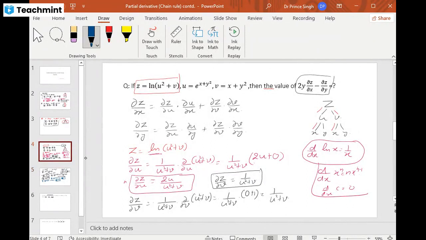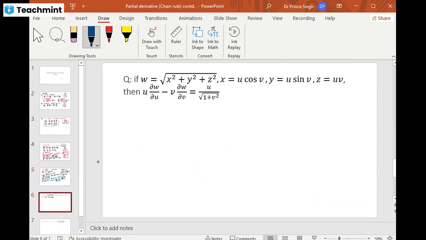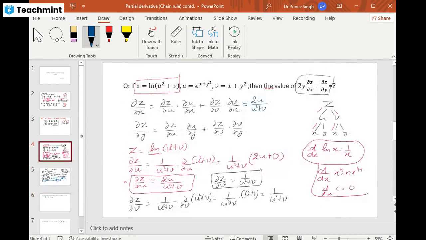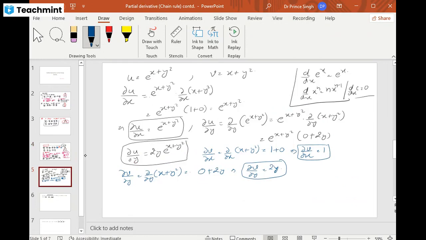So according to the chain rule, what is the value of ∂z/∂x? ∂z/∂u is 2u/(u²+v) times ∂u/∂x, which is e^(x+y²), plus ∂z/∂v. ∂z/∂v is 1/(u²+v), and the derivative of v with respect to x comes out to be 1 only.